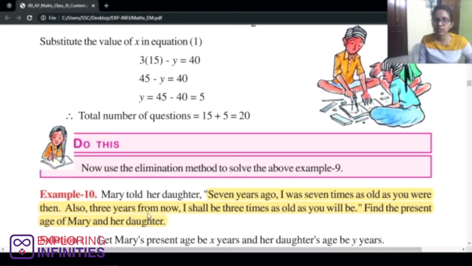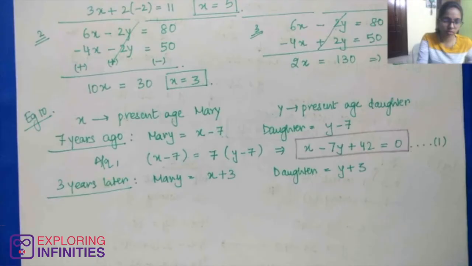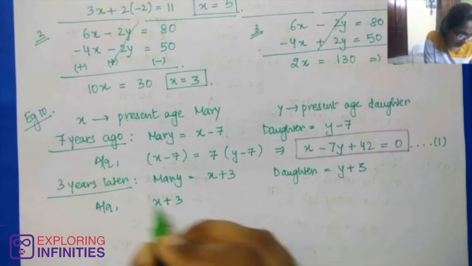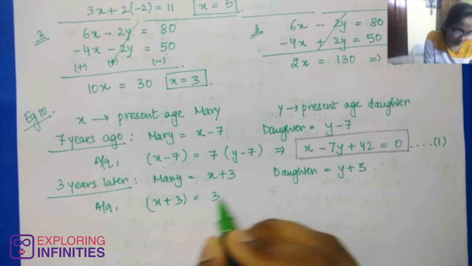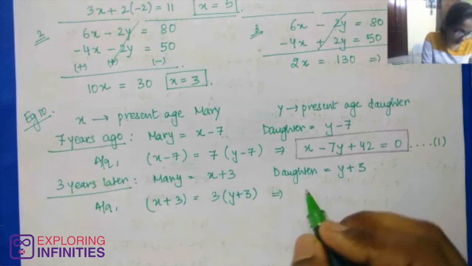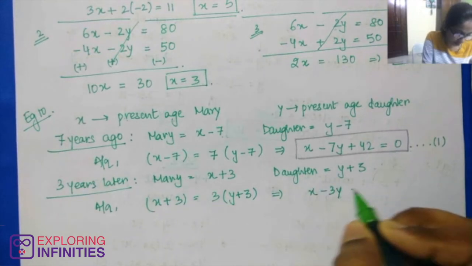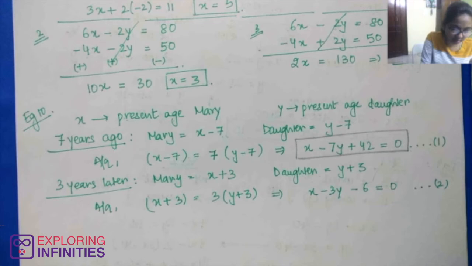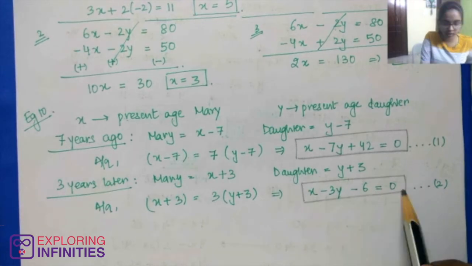Now the question says, I shall be 3 times as old as you will be. So I, that is x plus 3, will be equal to 3 times y plus 3. So we write according to the question, x plus 3 equals 3 times y plus 3, which implies our equation becomes x minus 3y minus 6 equal to 0. So here we have our second linear equation.